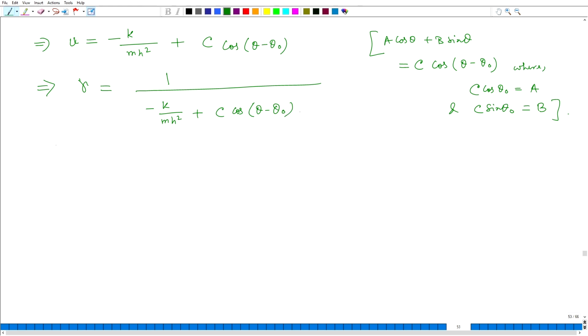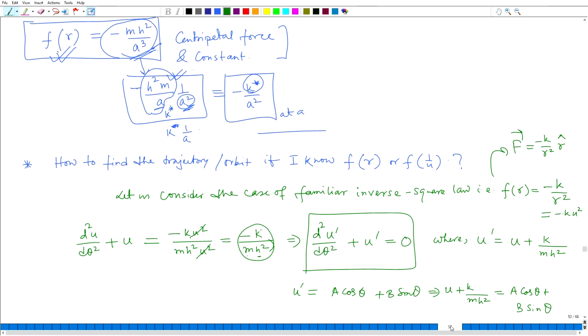Now, if k is less than 0, then we go back to the previous discussion. So, this is actually f r is equal to minus k by r square. I think I have made a mistake. I have to write some correction here so that this is consistent.